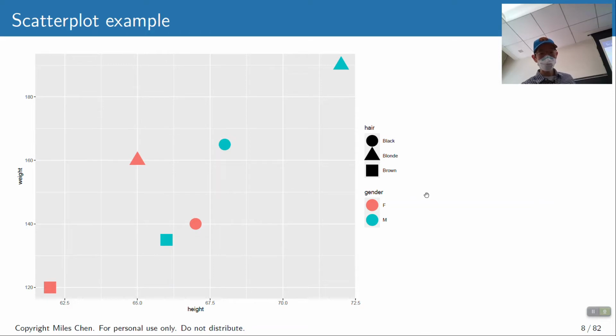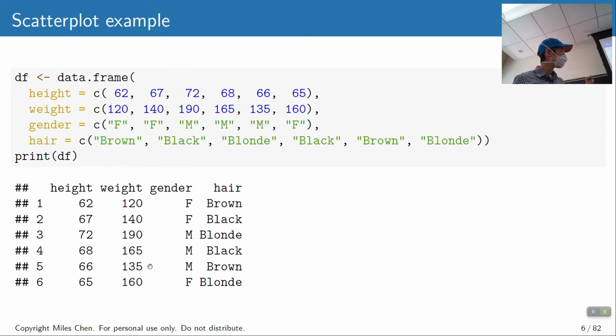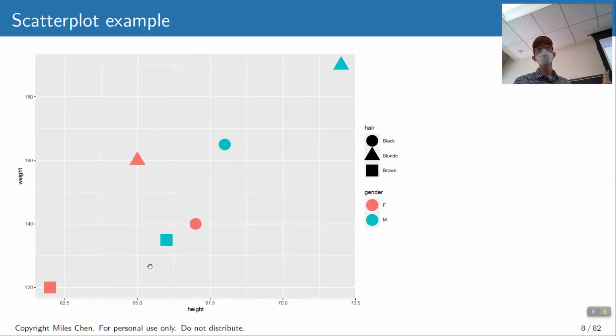This person's gender, because the color here is whatever color this is, reddish, will be feminine, female. And this person's hair color, because it's showing up with a square, is going to be brown. So you can fill out that entire row. And you can go through every single one of these points, and you can recreate the entire data table, okay? So all of the information that shows up here is also represented here, okay?